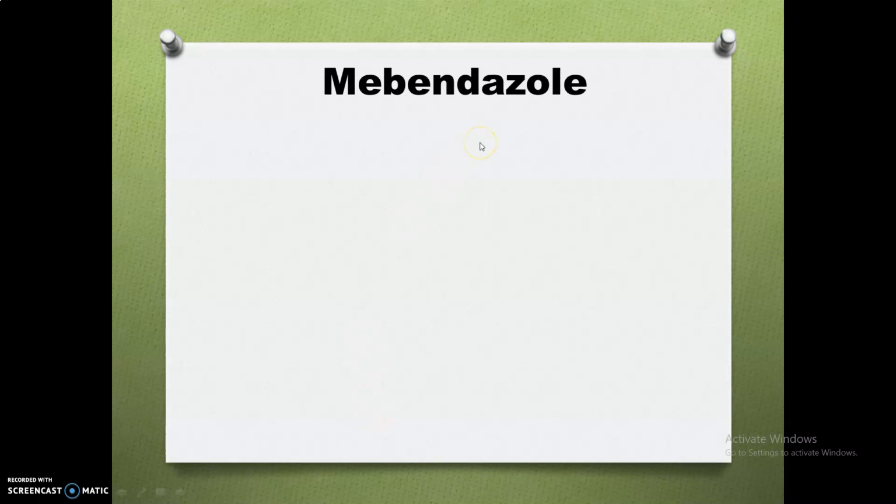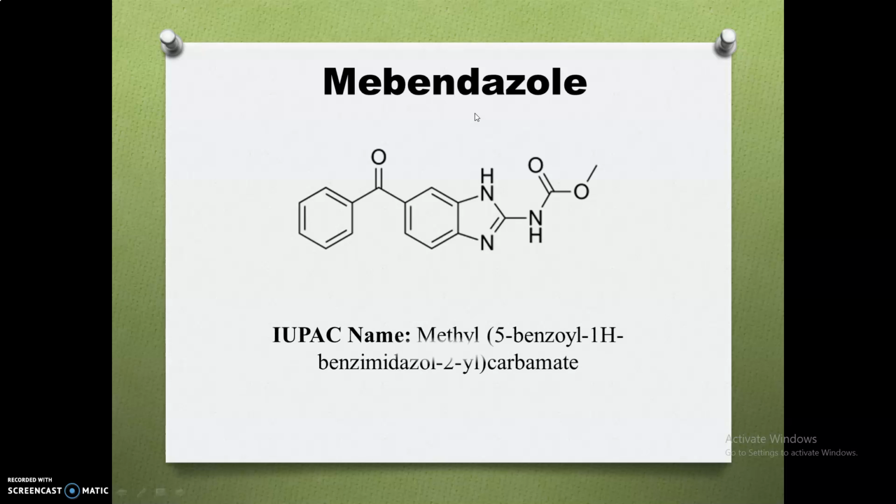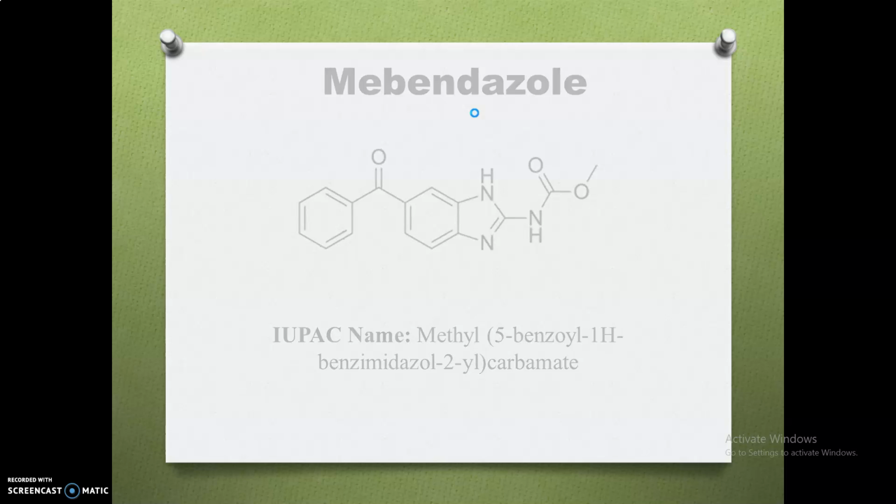Mebendazole. This is the second example of the class benzimidazole. This is the particular structure for mebendazole. It has the following IUPAC name: methyl 5-benzoyl-1H-benzimidazol-2-yl carbamate.